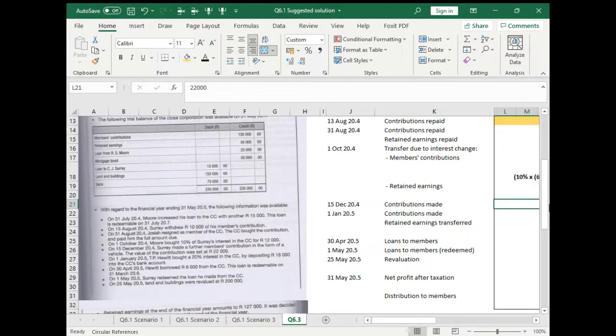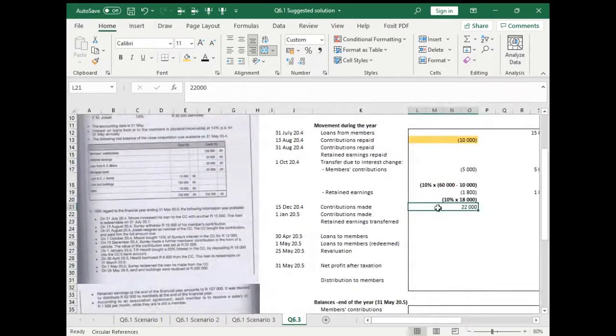Okay, that is what they are buying. So that means we will have to amend the members' interest percentage again for those members. Okay, and he deposited 18,000 into the bank account. So that is his members' contribution that he's paying, or his contribution made.